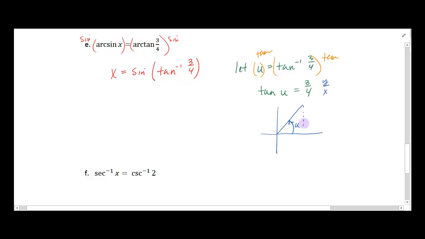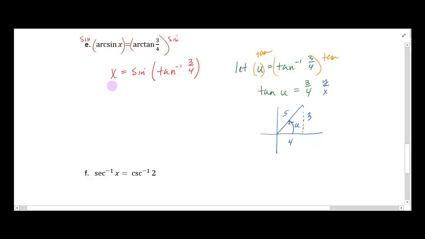So I have my y value of 3, my x value of 4, and therefore the hypotenuse, or r, would be 5, because that's a 3, 4, 5 triangle, right? And if you don't know that, you can use Pythagorean's theorem to find it out. So now I know the y portion, the x portion, and the r portion of angle u.